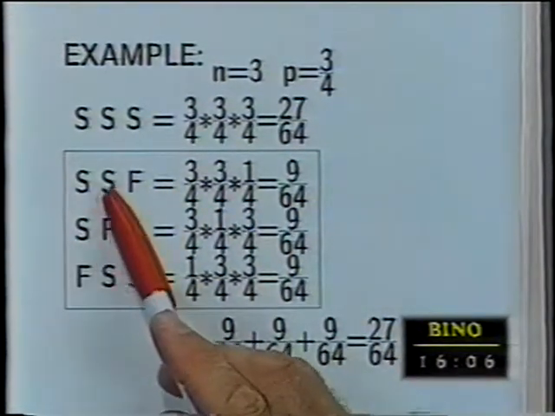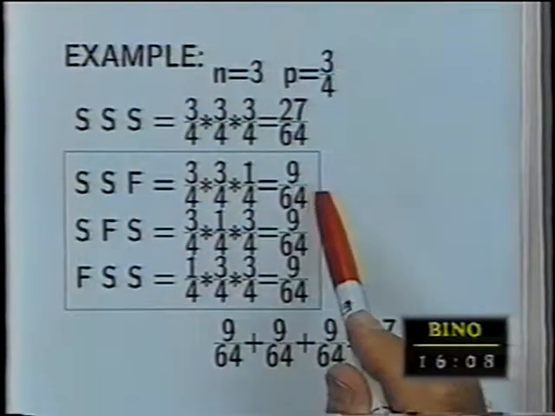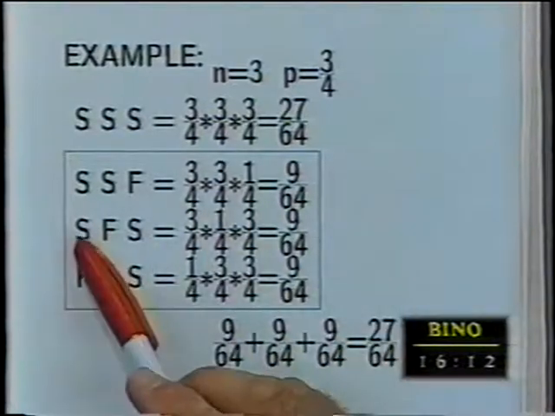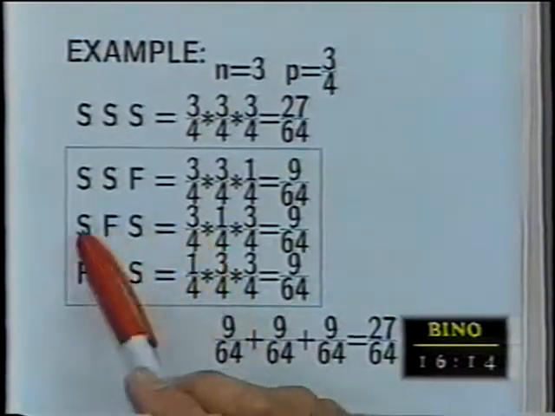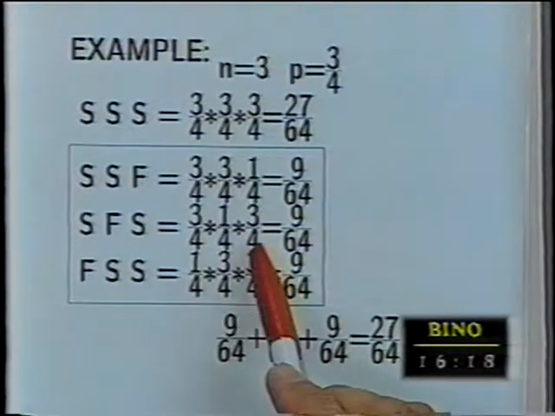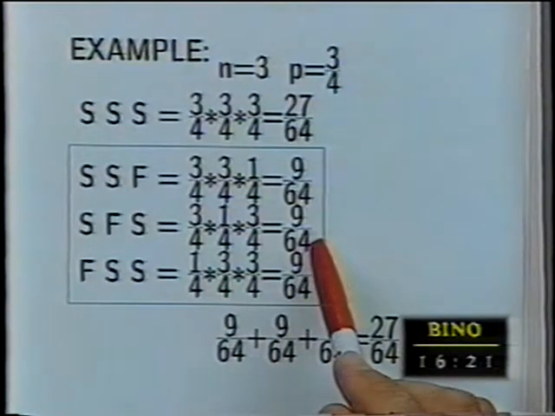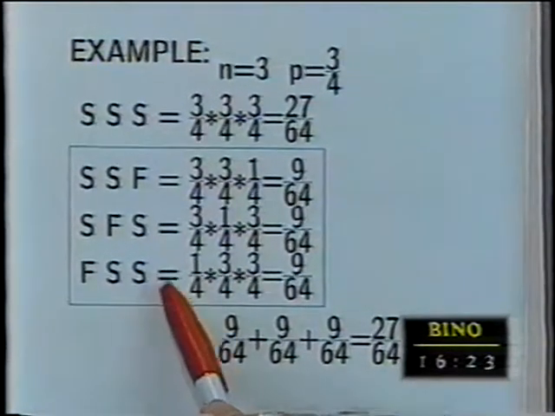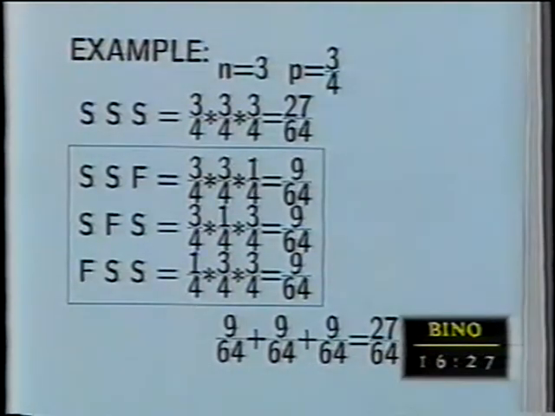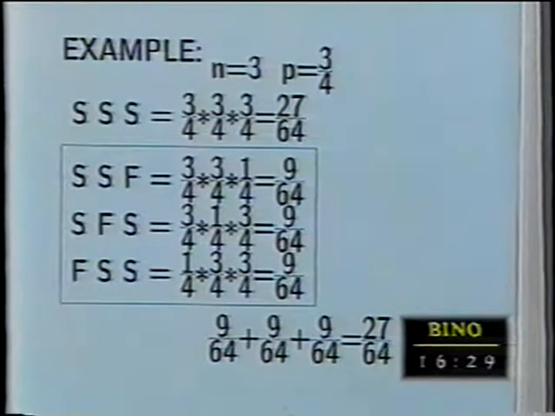This success, failure will occur 9/64 of the time, or the chances of it occurring is 9/64. Success, failure, success, 3/4, 1/4, 3/4. 9/64 again. Failure, success, success. 1/4, 3/4, 3/4. 9/64 again.